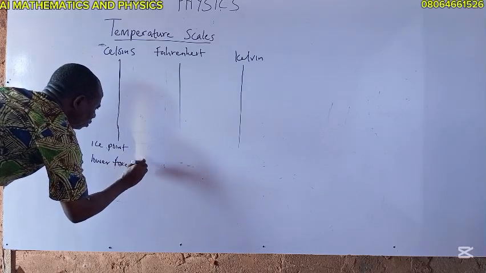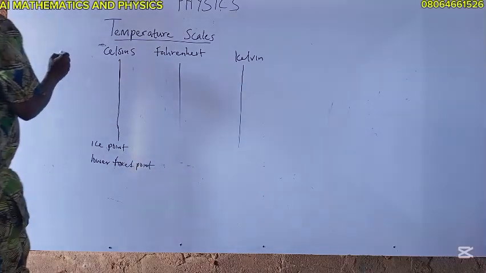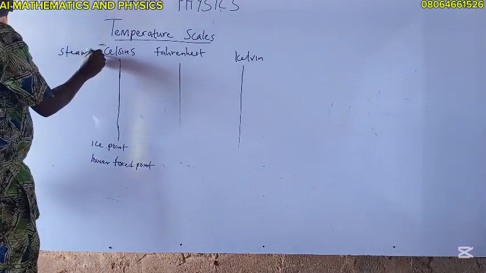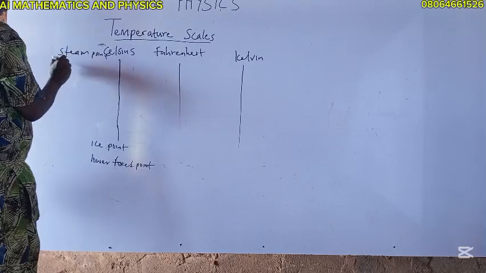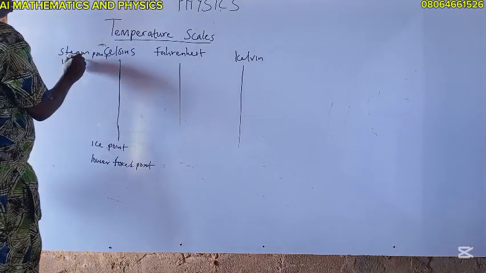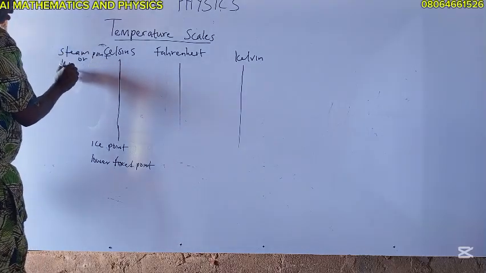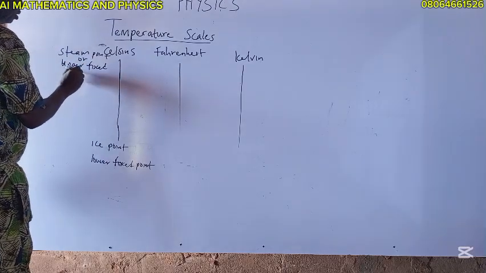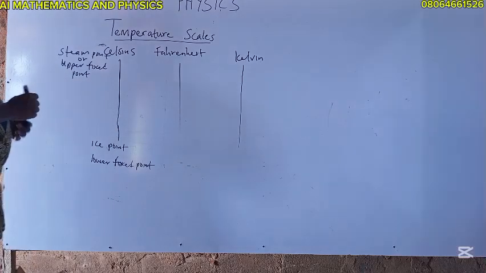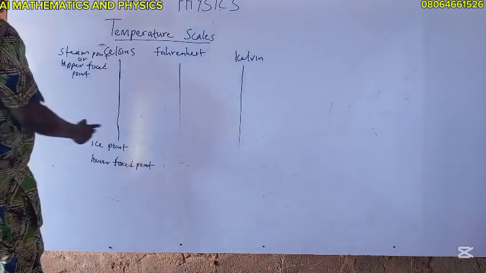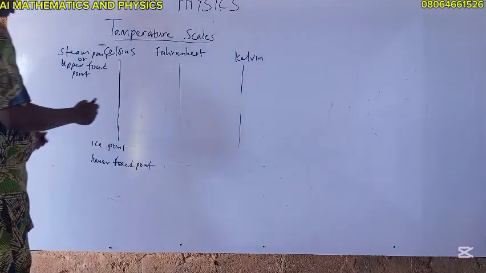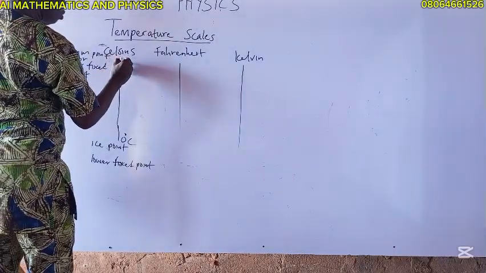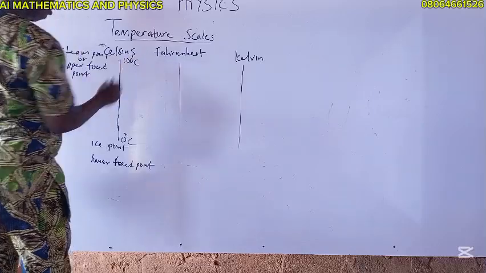We have steam points, also known as the upper fixed point. For the ice point, the value here is 0 degree Celsius, while the value for the steam point here is 100 degree Celsius.